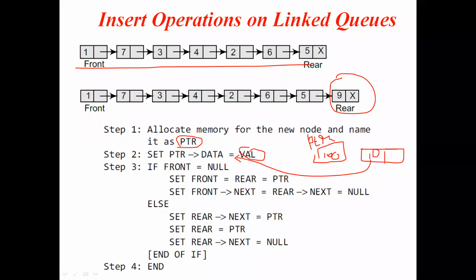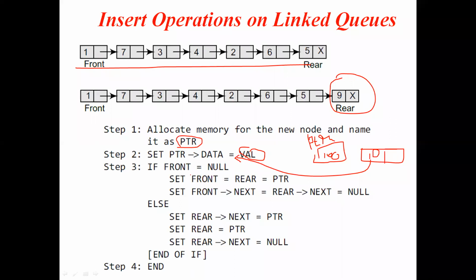Since they are not doing it here, you can, if you want, initialize the next field as null in step 2 itself, making it step 2.1. Here in this algorithm, they are not doing so; they are doing it at some other point.